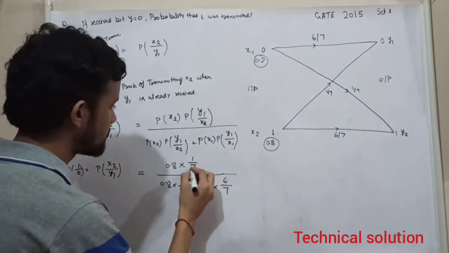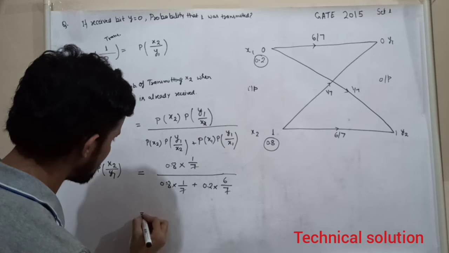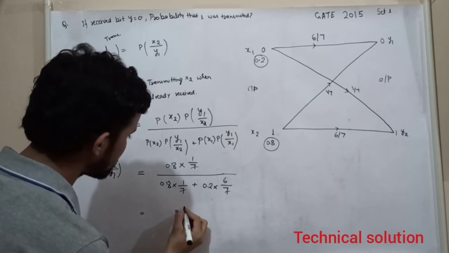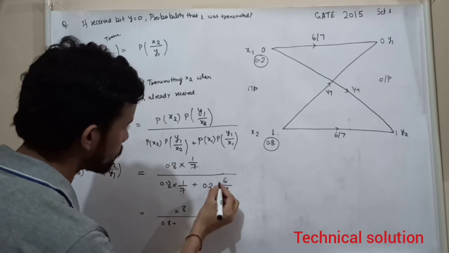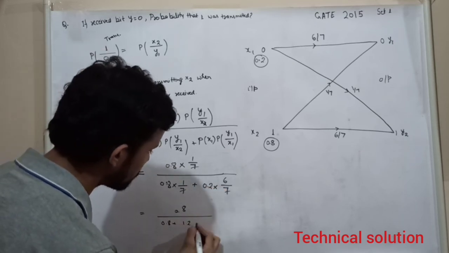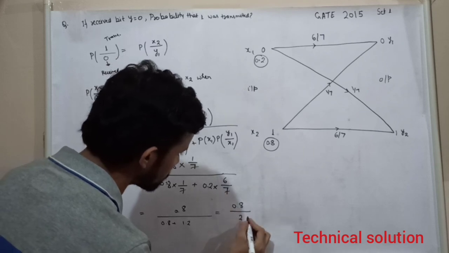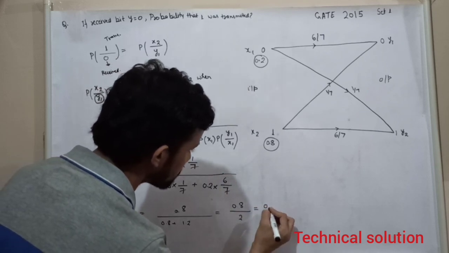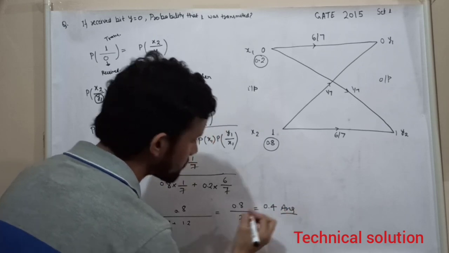Then this 7 is cancelled out from numerator and denominator, and we get 0.8 divided by 0.8 plus 0.2 into 6, that is 1.2. Therefore 0.8 divided by 2, which is 0.4. Thank you.